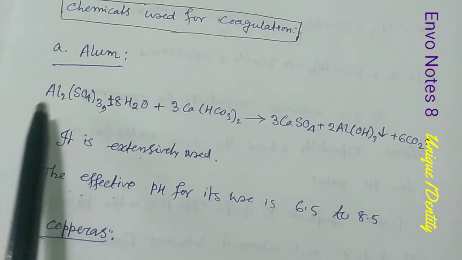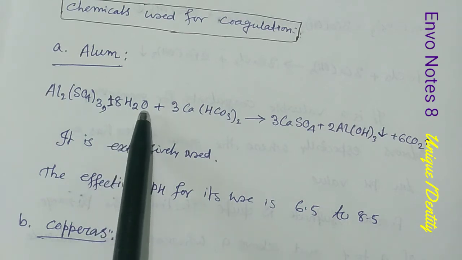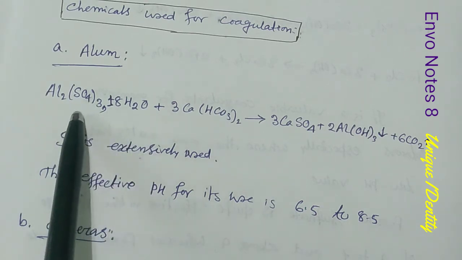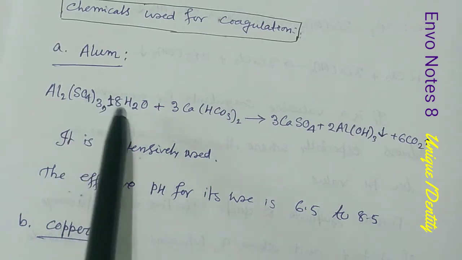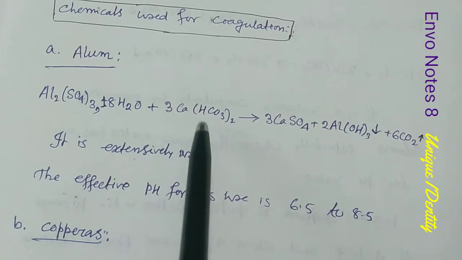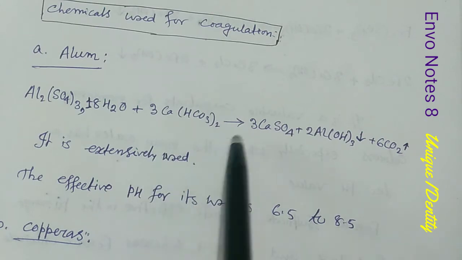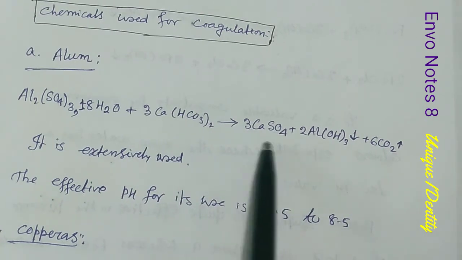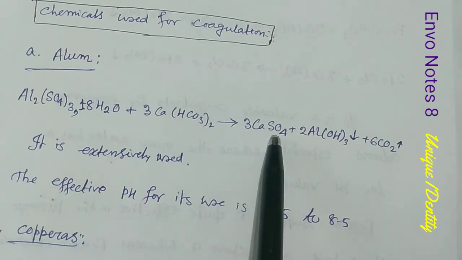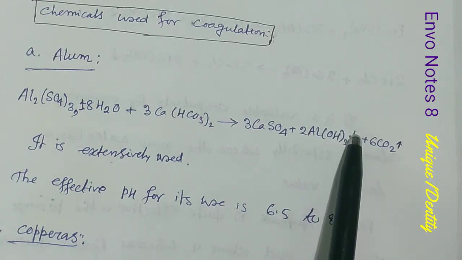Alum, that means aluminium sulfate, Al2(SO4)3 with 18 H2O, that is alum. Al2(SO4)3.18H2O plus 3Ca(HCO3)2, that means calcium bicarbonate, react with each other and the products are 3CaSO4, that means calcium sulfate, plus 2Al(OH)3, aluminum hydroxide, that will be precipitated.